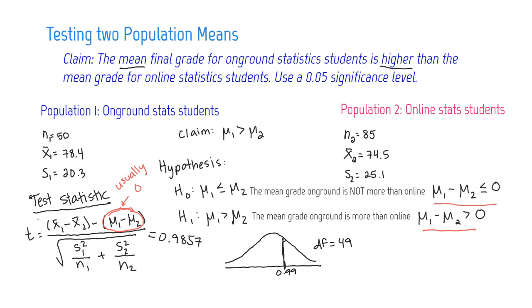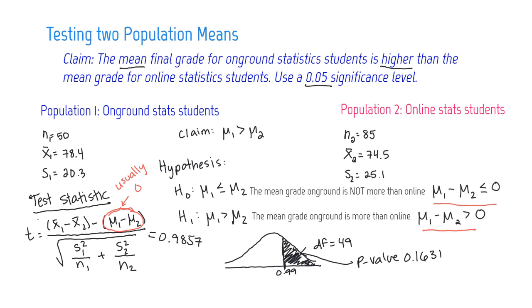And this is going to be a right-tailed test because my alternative hypothesis has the greater than symbol there. And so this p-value, this area that I just colored in right here, is 0.1631. So now we compare that p-value to our significance level of 0.05.